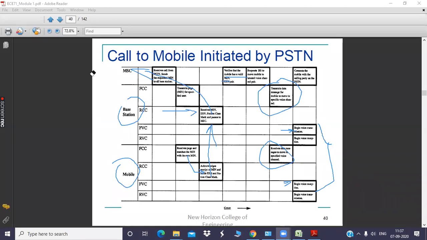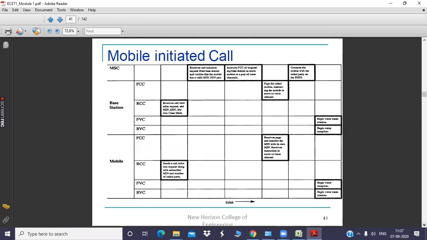So in the next case, we are going to explain the procedure of establishing a call which is initiated by the cellular system itself. As of now, we have discussed a call initiated by the PSTN network, and now we are going to describe the procedure of establishing a call initiated by the mobile user itself.